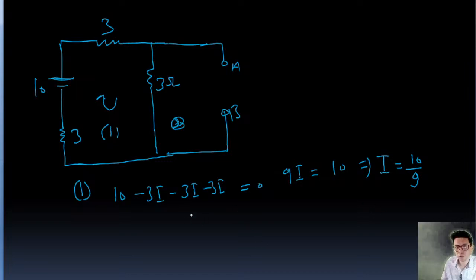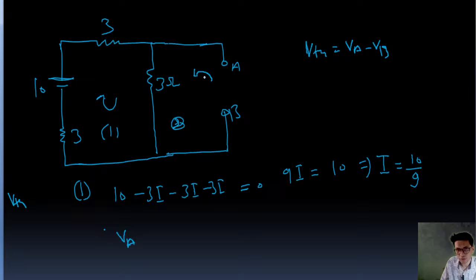So now this is the 10 by 9. Now in this loop we'll use it because we are going to find V Thevenin, right? And we know V Thevenin equal to VA minus VB, right? So here we'll use it. This is going to be VA. In this loop, VA minus 3I equal to VB, right?